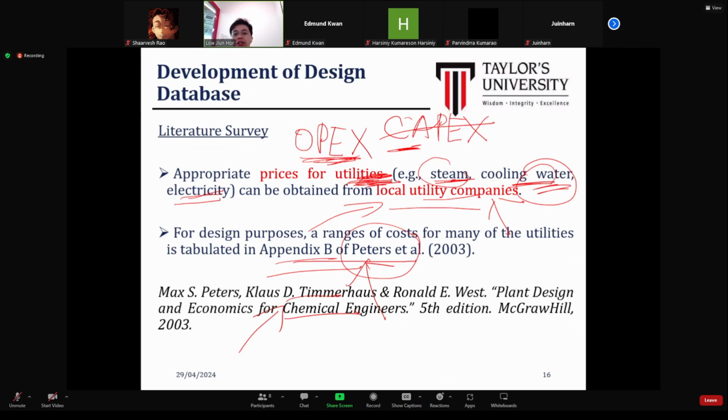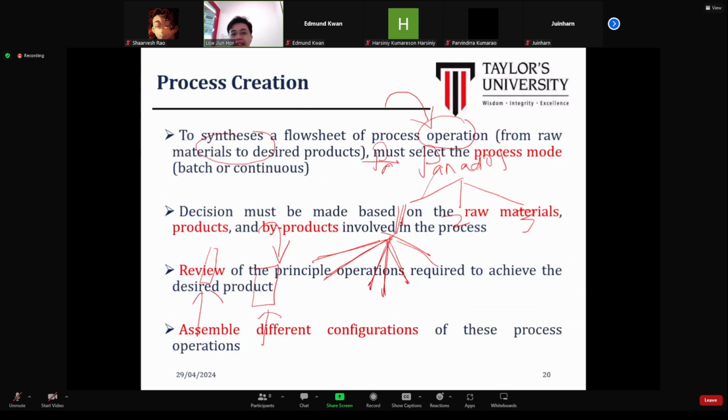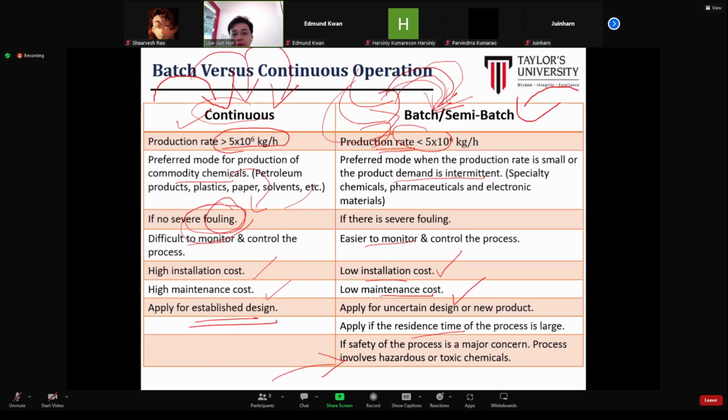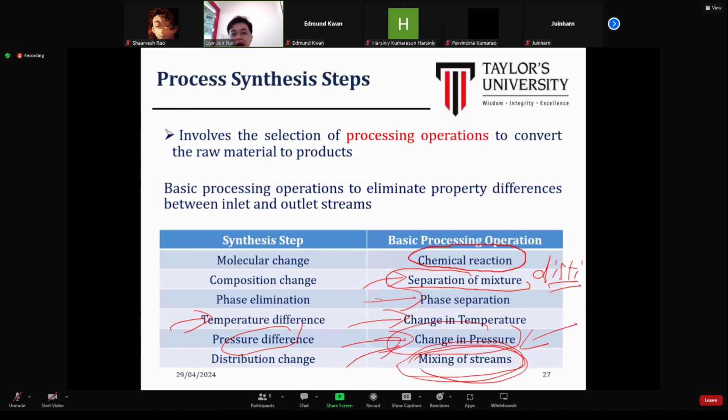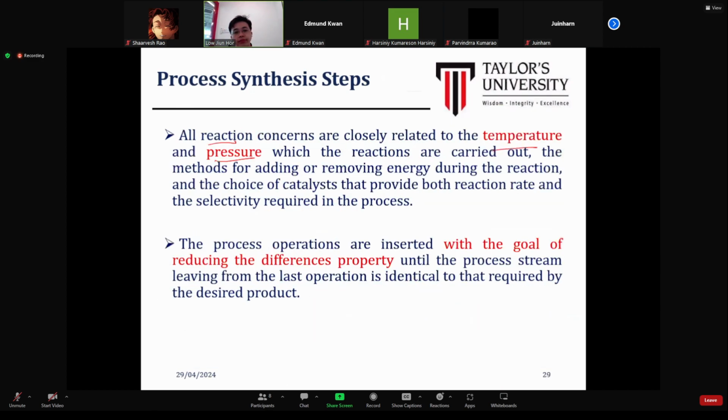So if the data are not collected and compiled under stage 2, then at least at stage number 3, when you refer to the relevant references and you have this important information, you can also gather them together, compile and include them in the database that you already established in order to further facilitate your design later.